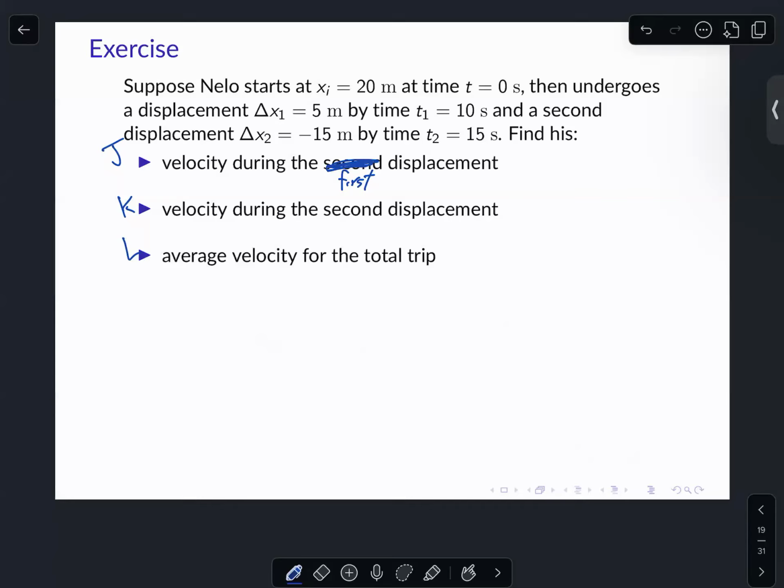Okay, 2 minutes, and I want you to at least get J and K if at all possible, please. Okay, hit enter.